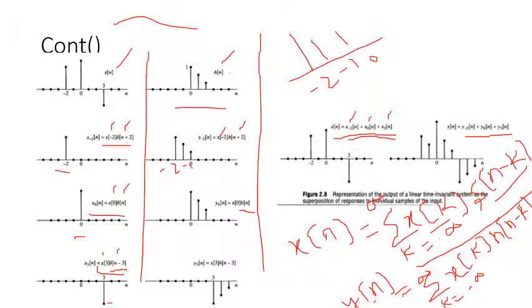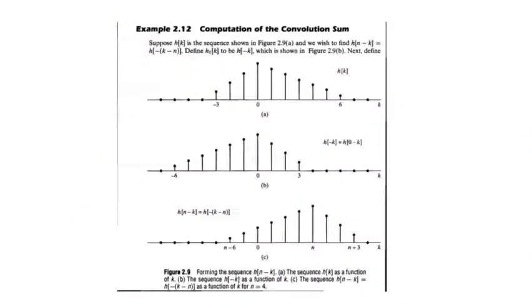So the next thing is the computation of the convolution sum. Convolution is basically the formula, or the mathematical way, of computing the output of the system. In convolution, what we need is the response of the system, which is h of n or h of k.